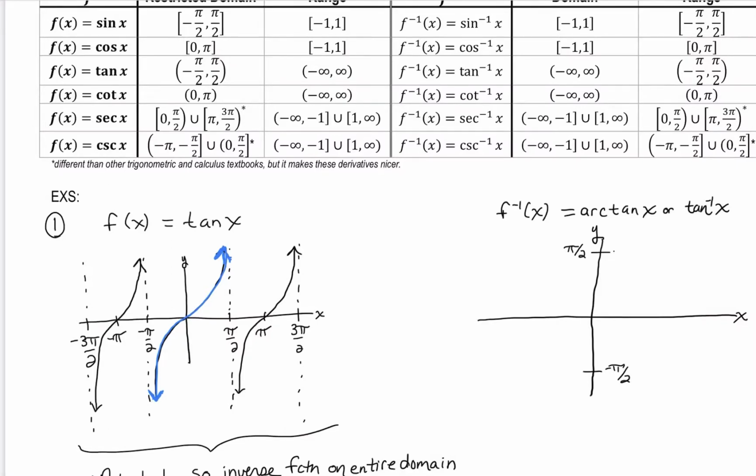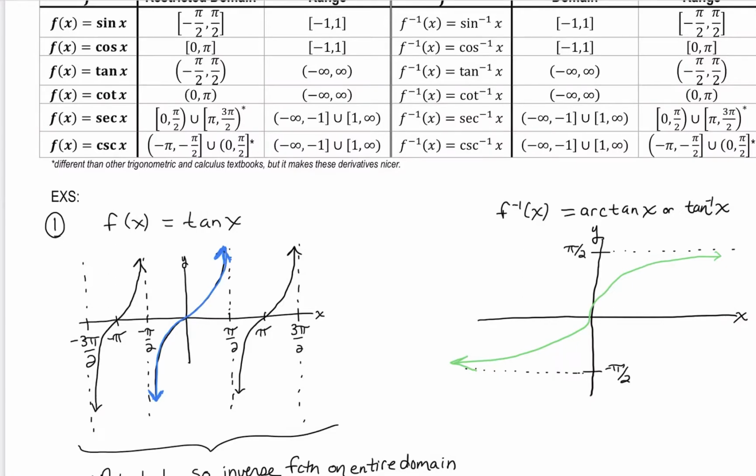So our vertical asymptotes are now our horizontal asymptotes. And then basically the graph ends up looking, you could verify this on your calculator, not perfect here, something like this, roughly.